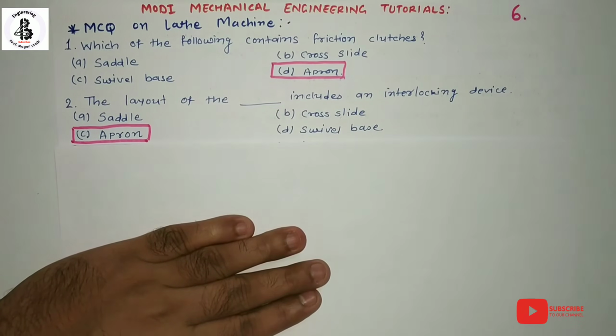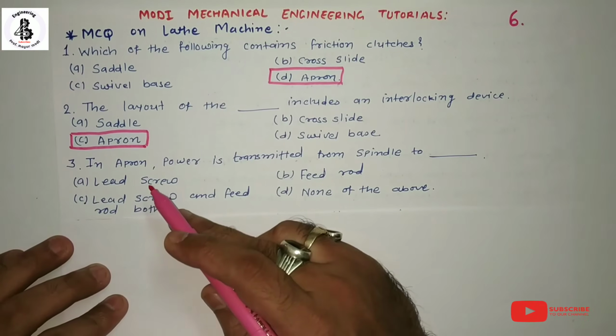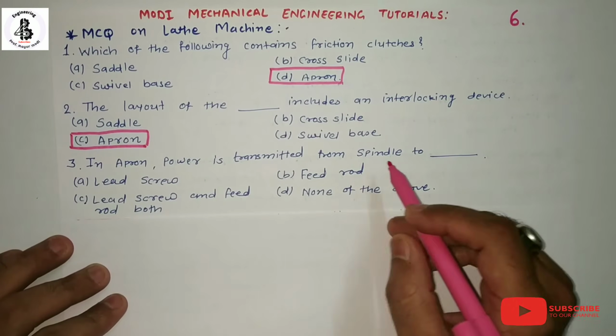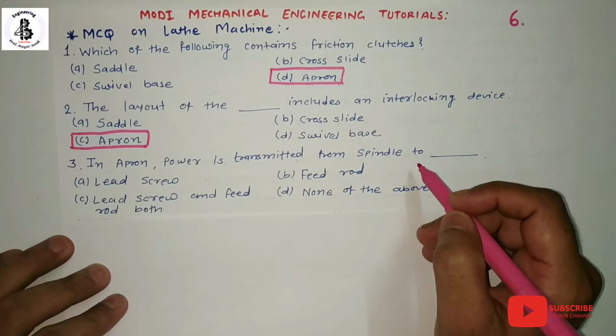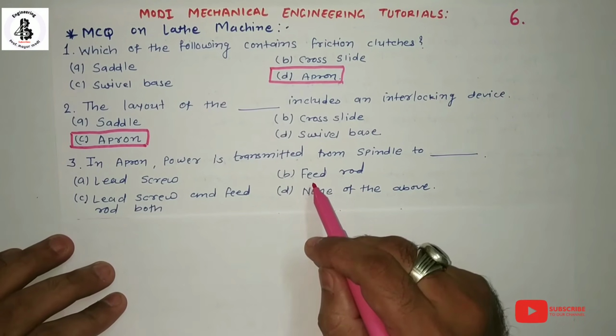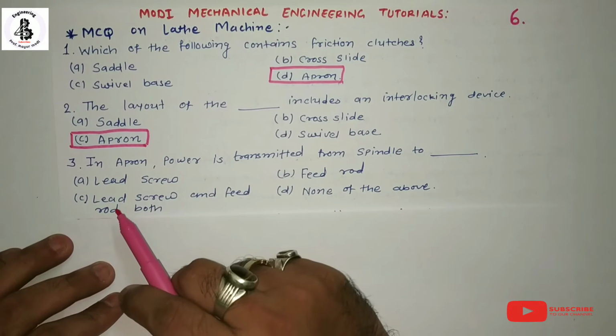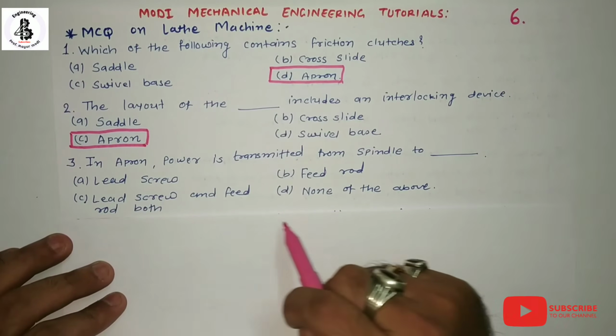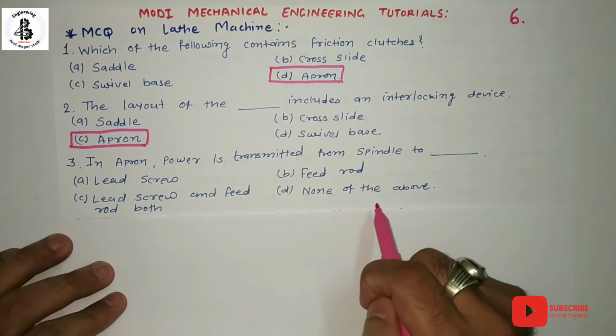Then next question. In the apron, power is transmitted from the spindle to which? Option A, lead screw. Option B, feed rod. Option C, lead screw and feed rod both. And option D, none of the above.